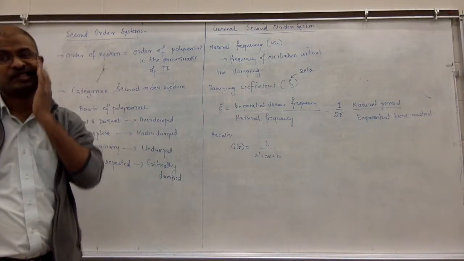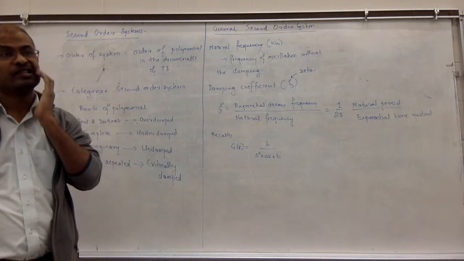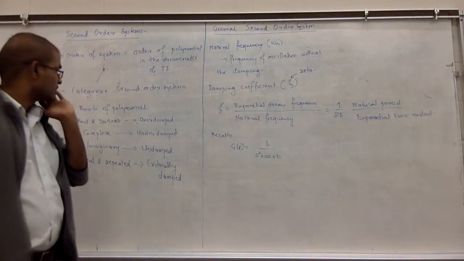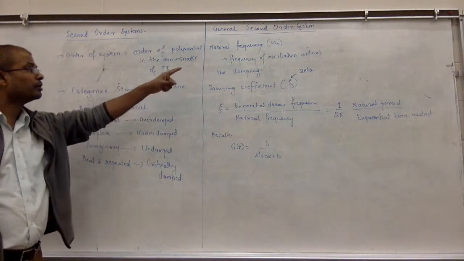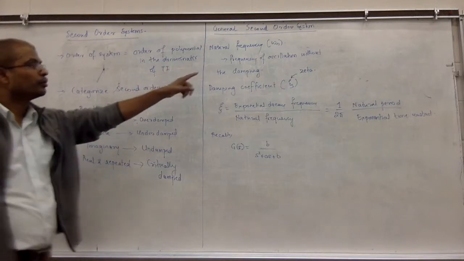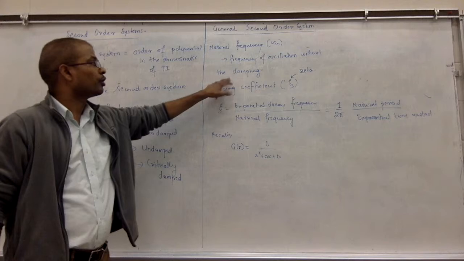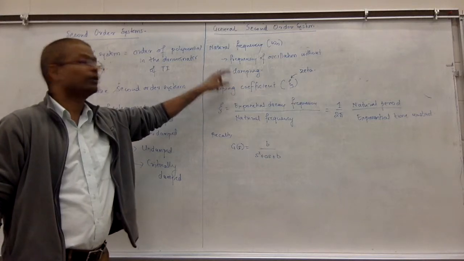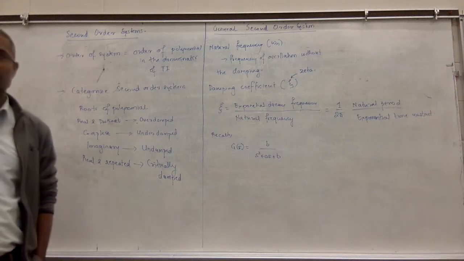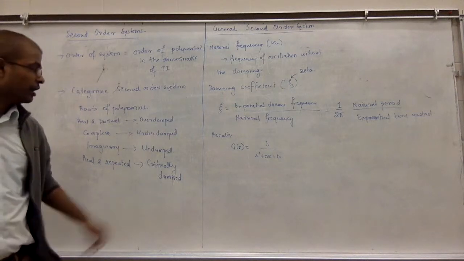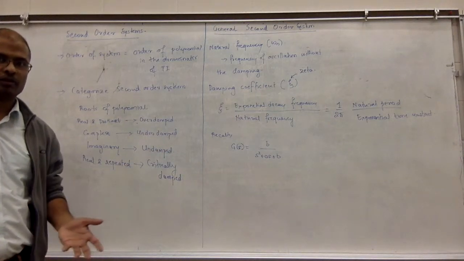What system would that be? The imaginary roots. I'm asking you, what category would the system fall into if the system did not have any damping? Imaginary. Undamped, not damped.